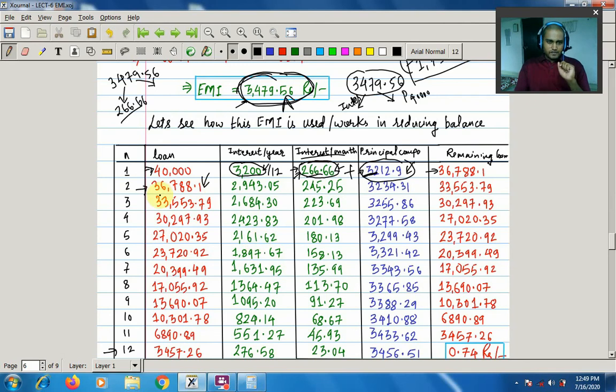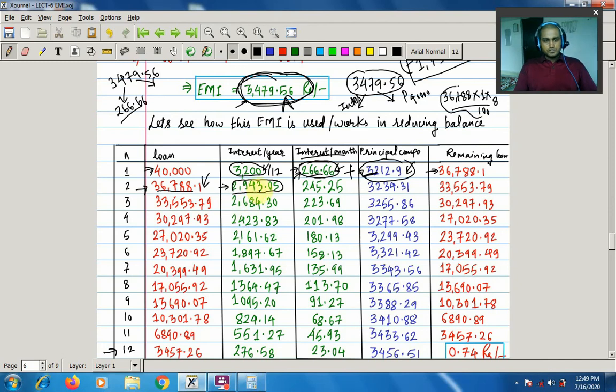You will find interest on this amount by the simple interest method, by this formula: 36,788 into 1 year into the rate. The rate was, I think, 8% upon 100. This is the simple interest formula, and after solving this you will get 2,943 rupees. So this is the interest for 1 year.